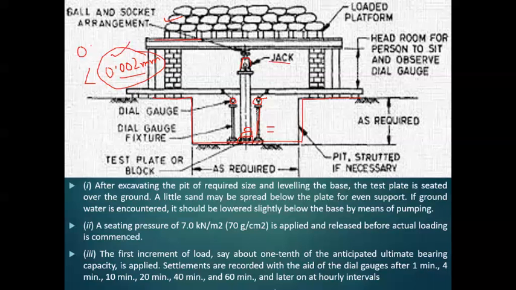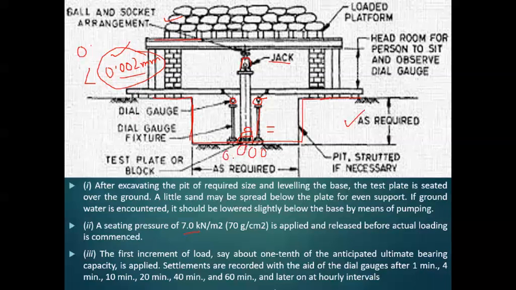As for the procedure, initially, before applying the loading increment, usually 7 kilonewton per meter square loading intensity, which is called the seating pressure, is applied and then released before the actual loading is commenced. If you are working in the field and excavating up to a particular depth, there may be small loose air pockets entrapped here.